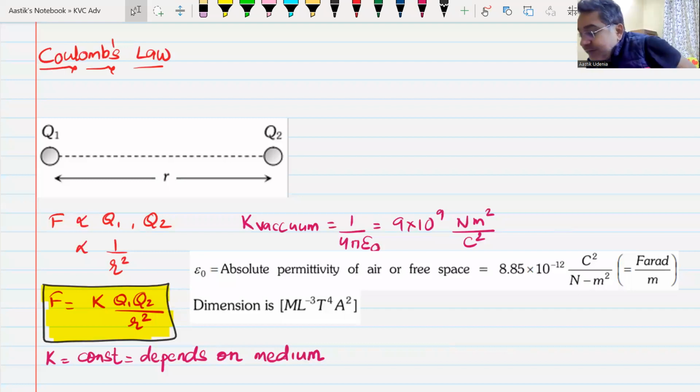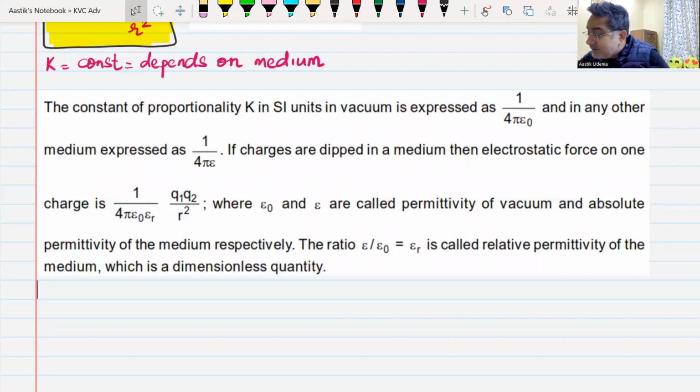Now, this is the value of K in vacuum, but sometimes there may not be vacuum. If it is not in vacuum, then we write the value of K as 1 by 4 pi epsilon, where epsilon is known as the permittivity of the medium.